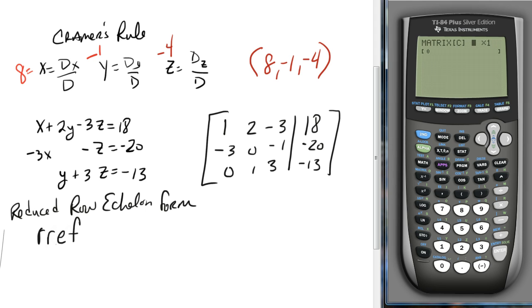This is going to be 3 rows, 4 columns, and we're going to type this all in as one big matrix. Just type it all in. When you hit enter, it'll just slide you over to the part you can't see, and it'll bring you back over.